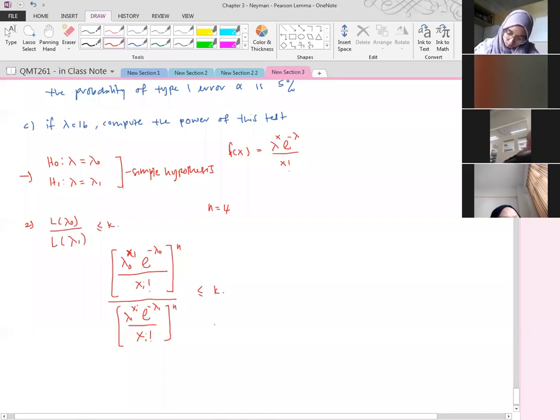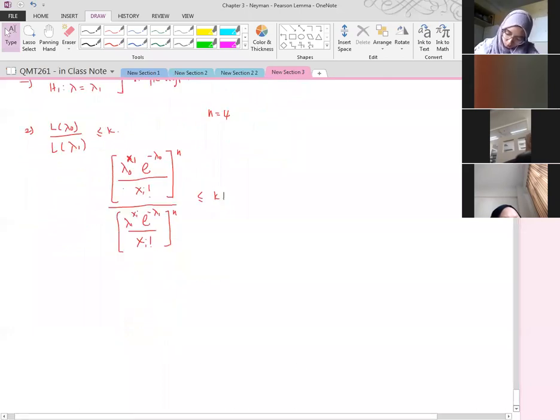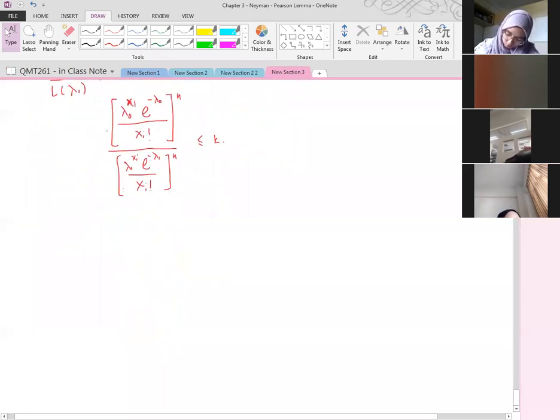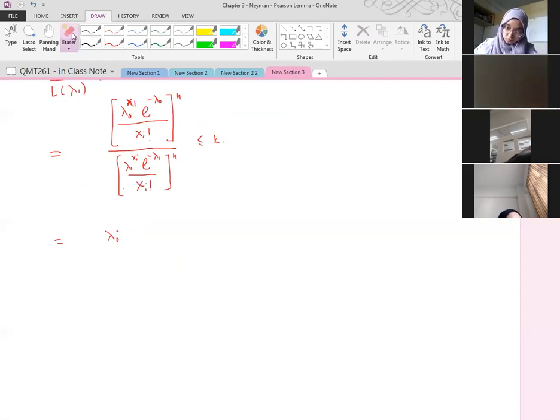Since n is equal to 4, we need to substitute the value of n into the likelihood function. So lambda naught to the power of summation of xi, where i is from 1 until 4, sorry, not 0 until 4.